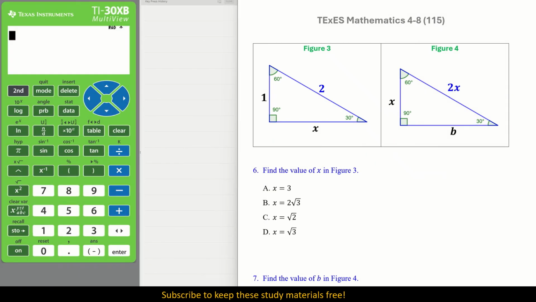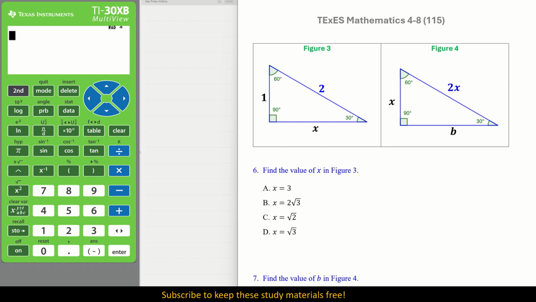Number 6, find the value of x in figure 3. Okay, figure 3 is what I like to call a 1, 2, 3 triangle. It is a special right triangle. Notice the degrees are 30, 60, 90. And 30, 60, 90 is usually how it's referred to in the classroom and textbooks.